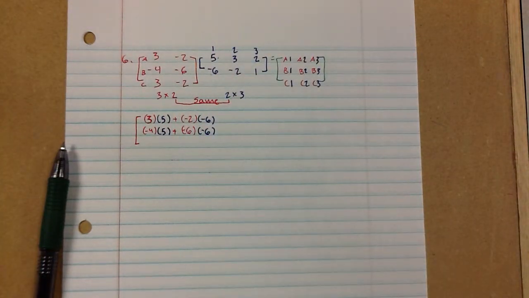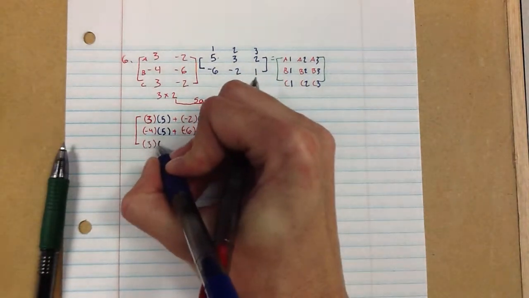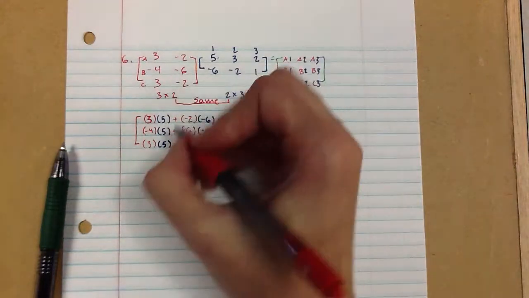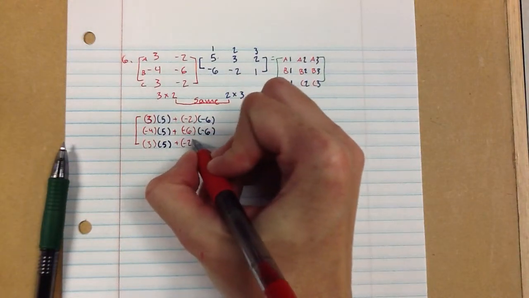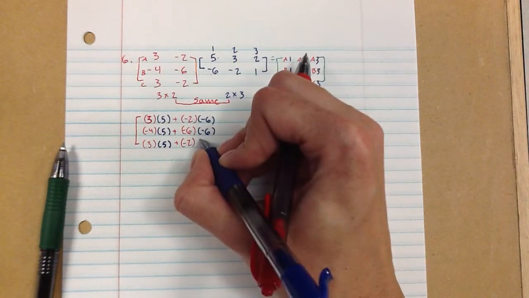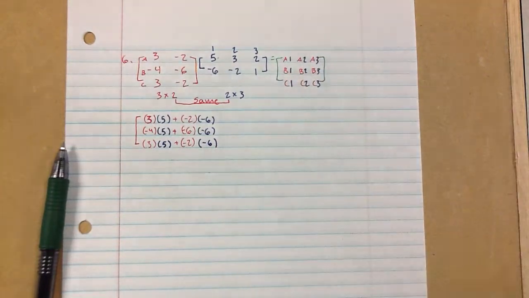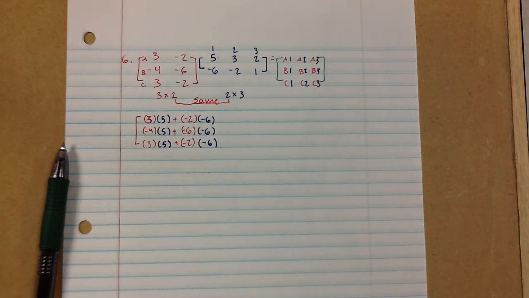And then for C, we got 3 and 5. The first things go together, plus the second things go together. We good? Yeah? Okay, so let's finish filling it up then.